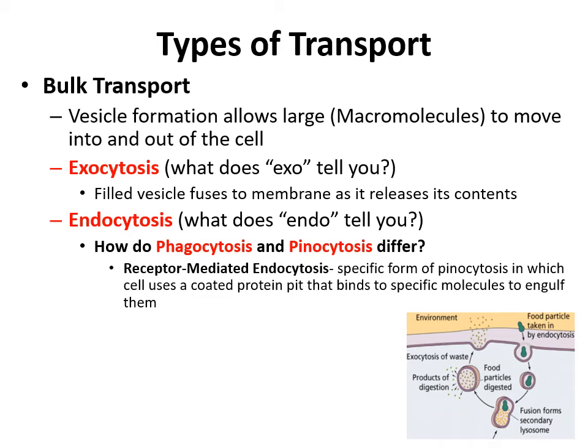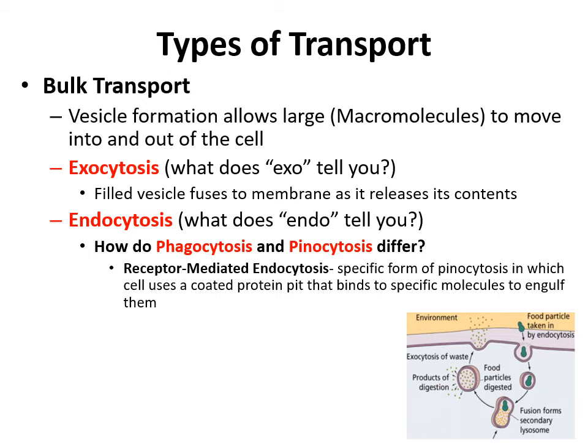Okay? And then after endocytosis, what will it then do with that broken down dead bacteria? It will perform exocytosis to excrete it out of the cell. Okay, so they're tied together. Think of phagocytosis as cell eating, and then exocytosis is cell pooping.